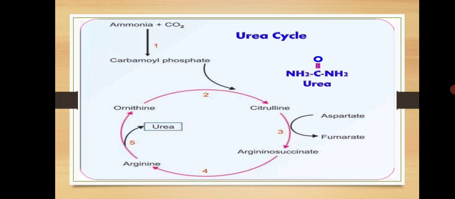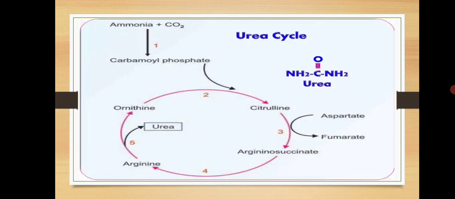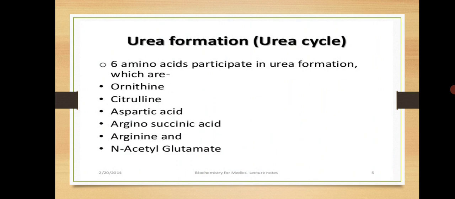The urea cycle is actually protein metabolism, so it consists of different amino acids, and this is the structure of urea: NH2, C double bond O, NH2. This is further concentrated and converted into urine and excreted out of the body.